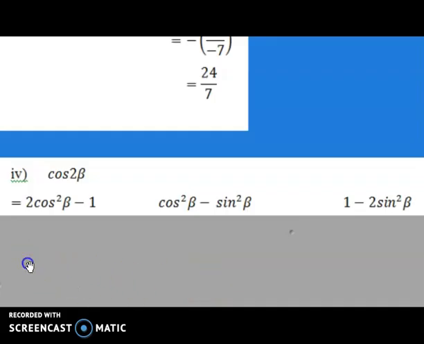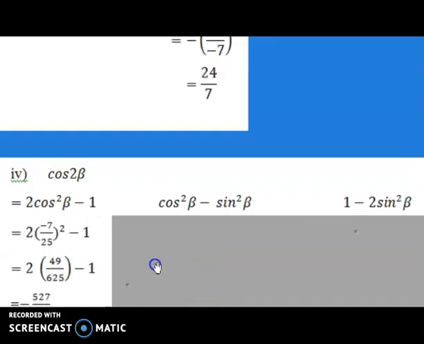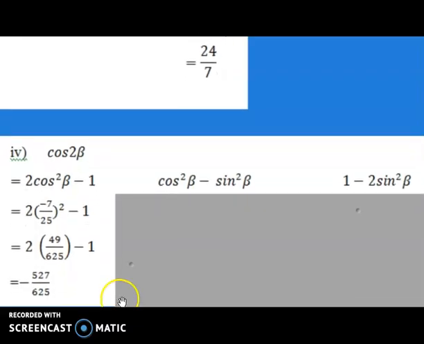So let's first look at 2 cos square beta minus 1. So we've calculated that cos of beta is equal to negative 7 over 25. If we square that, we get 49 over 625. Multiply by 2, and we subtract 1, and our answer will be negative 527 over 625.